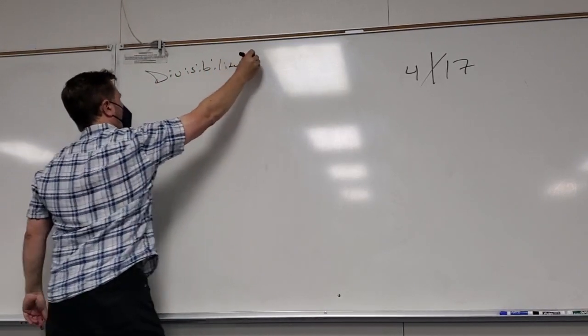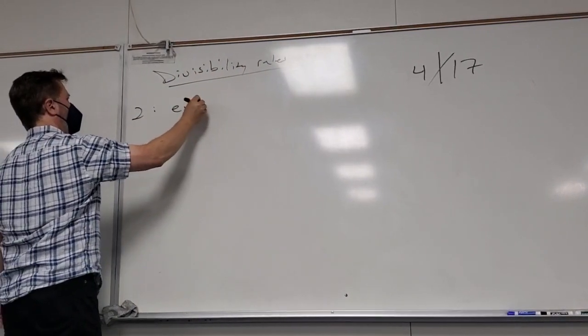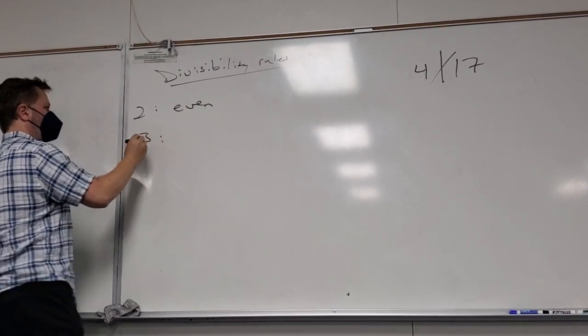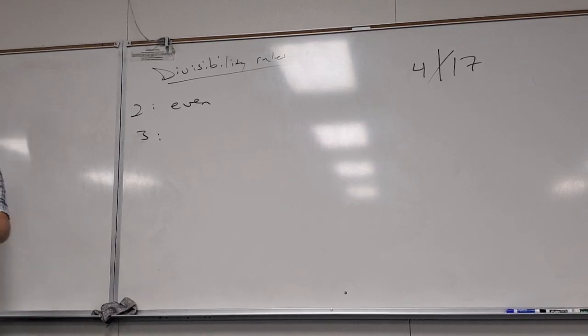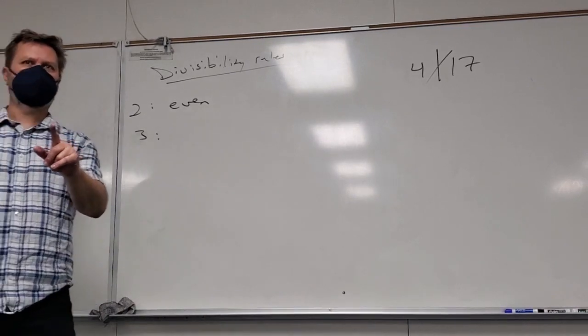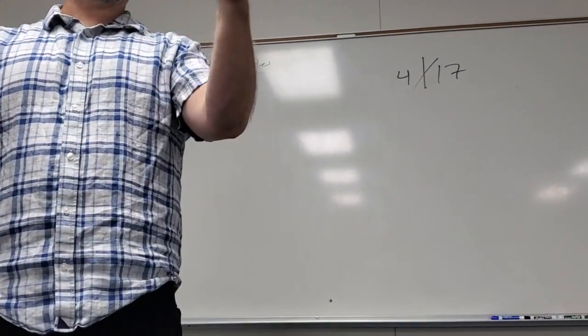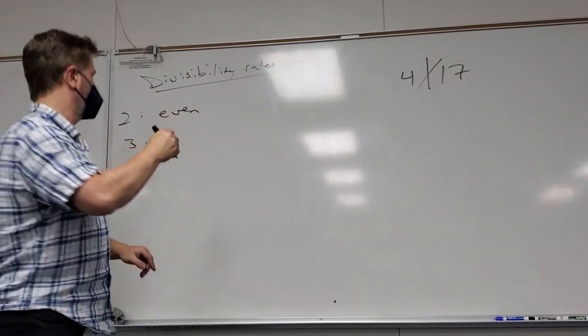It's even. Yeah, it's great. How about 3? Does anyone remember about 3? That's the one I'm pretty sure we talked about. Doesn't the last number add to 3? No, not the last number. You might be thinking about 4. All the digits add to a multiple of 3.